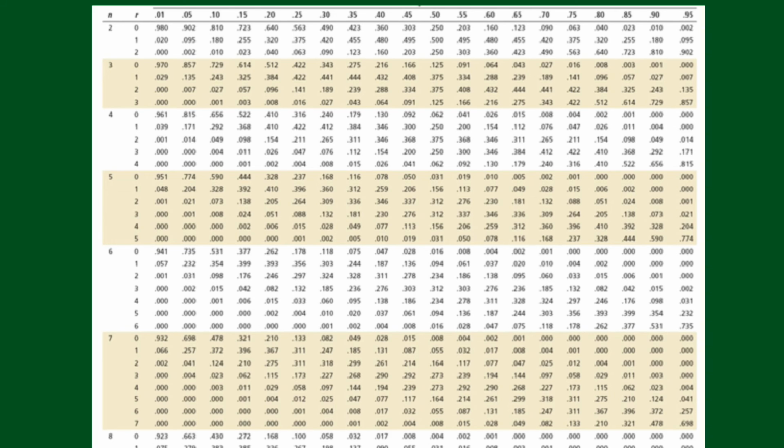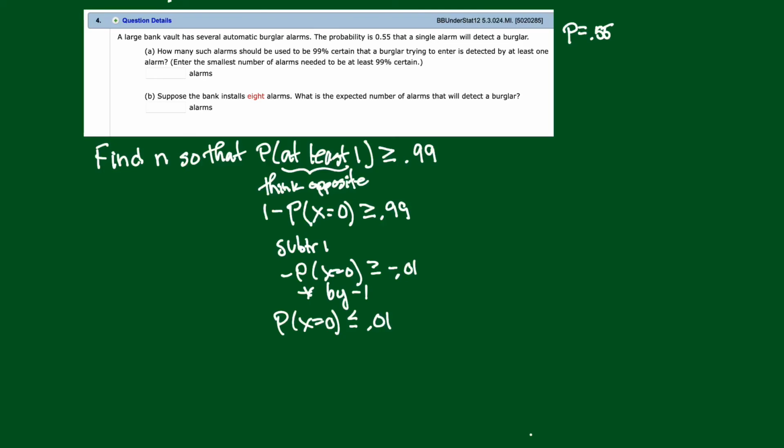So that's the one I'm looking for, and that occurs at n equals 6. So back up here at the top left, enter the smallest number of alarms needed to be at least 99% certain of catching a burglar. I'm going to say 6.